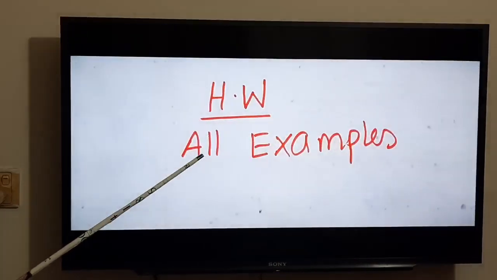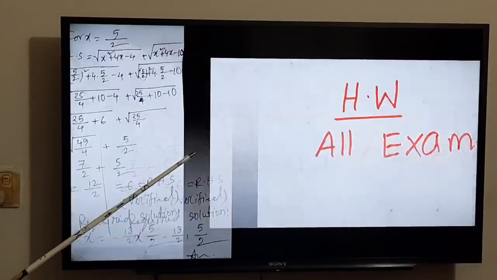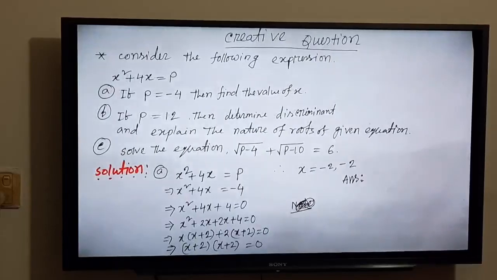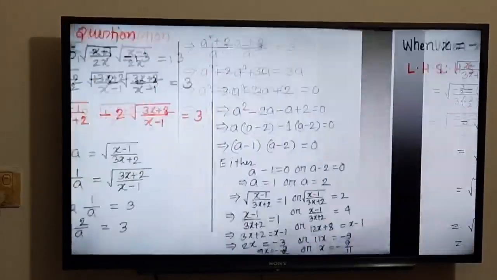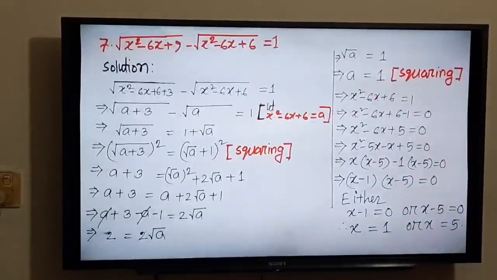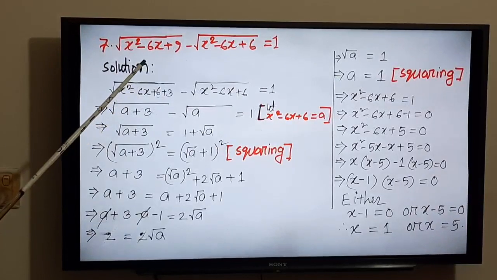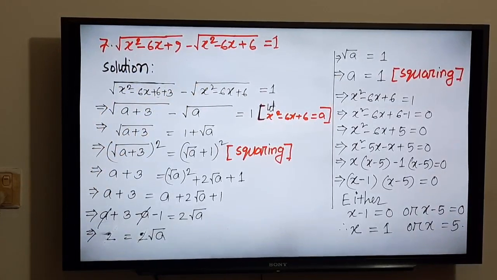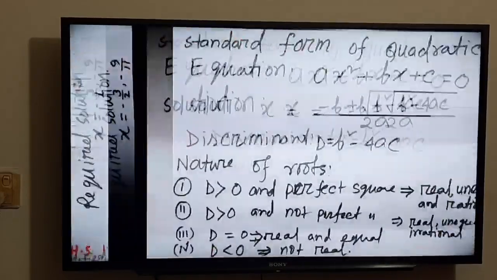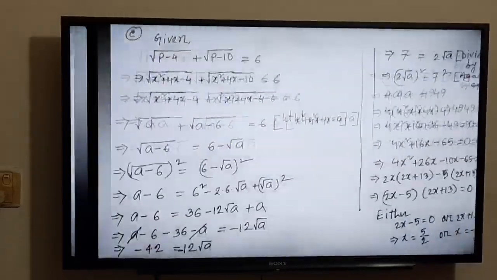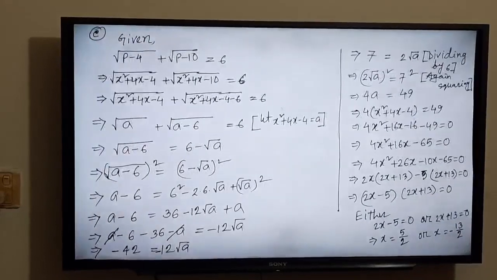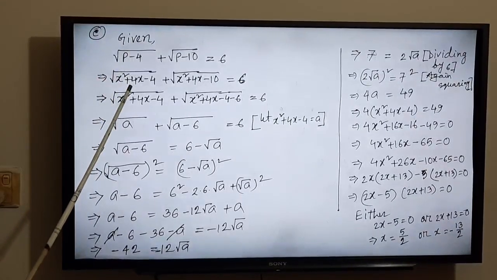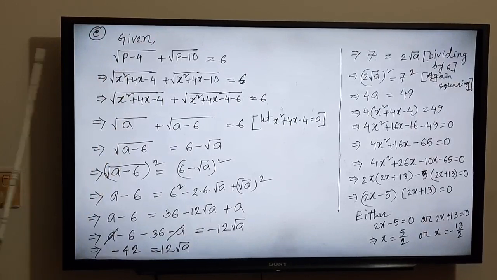This type of question we have already solved. The solution system is the same as the solution system of our creative question C. So p is equal to this, and both are solutions.